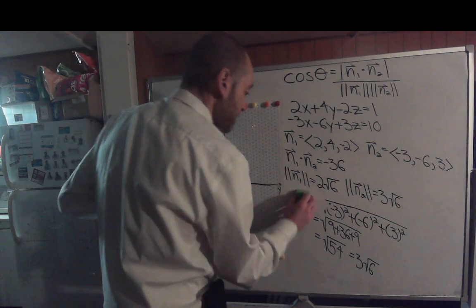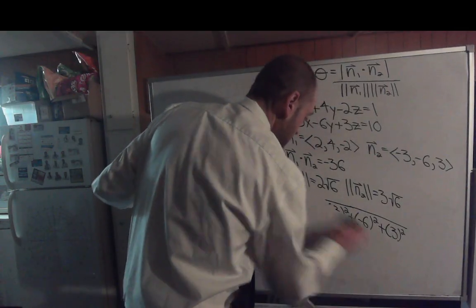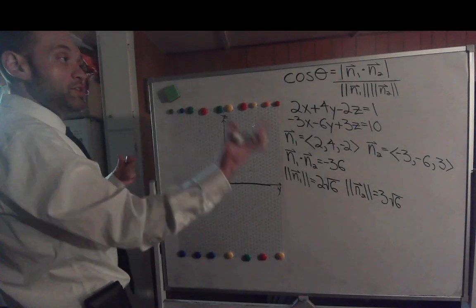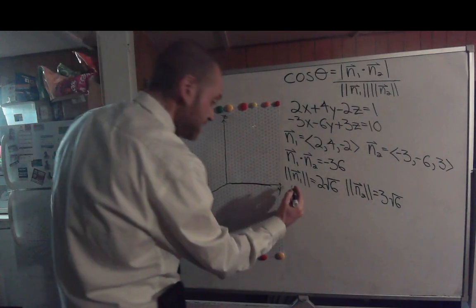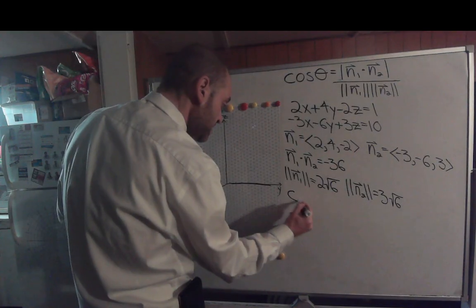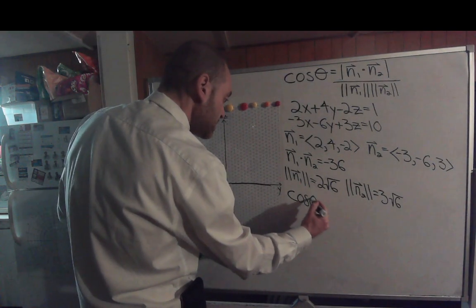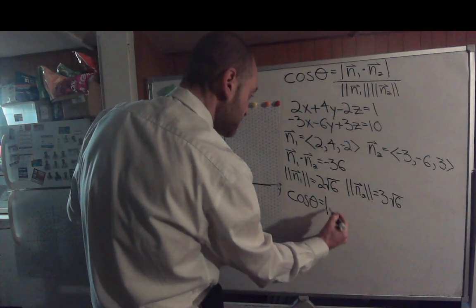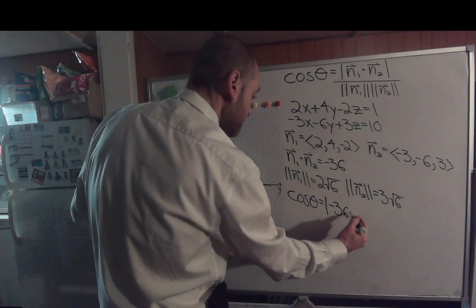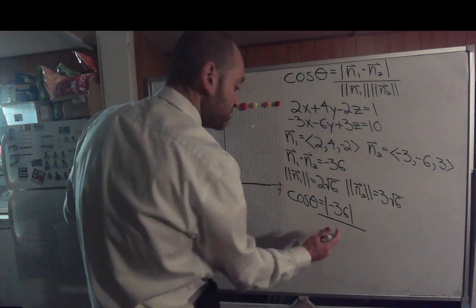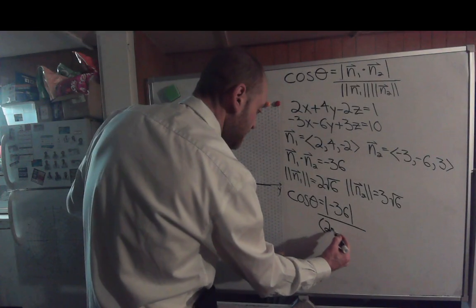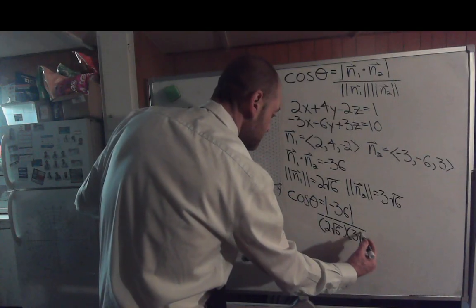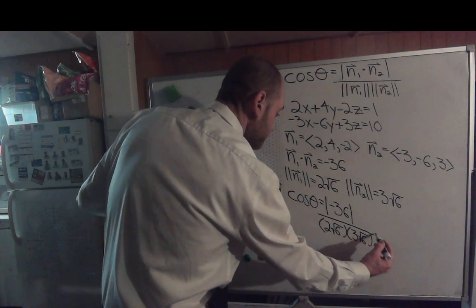Now, we have enough information to find the angle. So the cosine of theta equals the absolute value of our dot product, which would be negative 36, divided by the product of your two magnitudes, so 2 times the square root of 6 times 3 times the square root of 6.